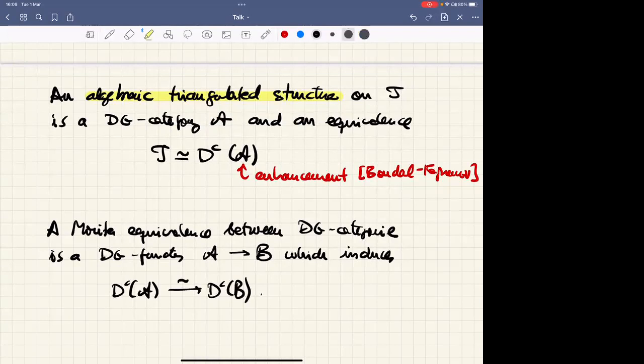We say that two DG categories are Morita equivalent if we have a zigzag of Morita equivalences between them, since we cannot always construct a direct one.